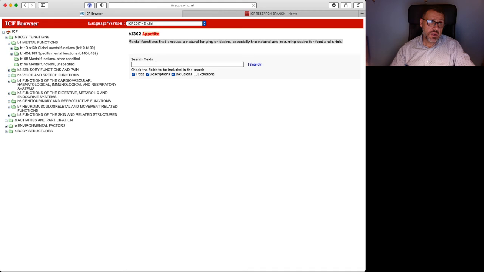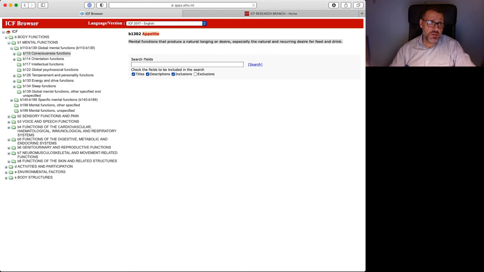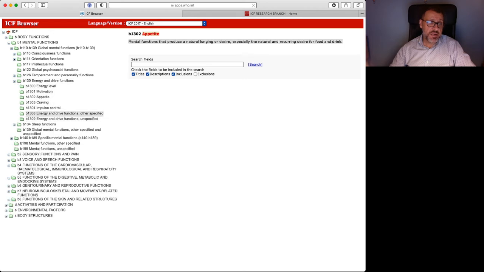Then these are grouped. Then we can go, for instance, here I've got all the second level categories. So if we go here, got B130 energy and drive functions, and here we can find the third level function. As we can see, in this case there are no fourth level categories.